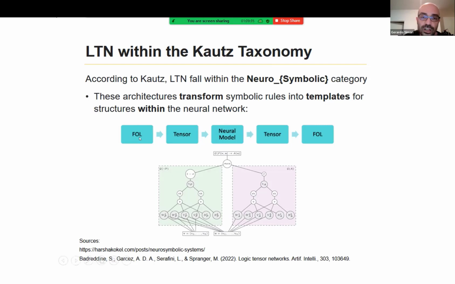So you have first-order logic, you move to tensors, you have your neural models, you get your tensors back, and then you move back to first-order logic.